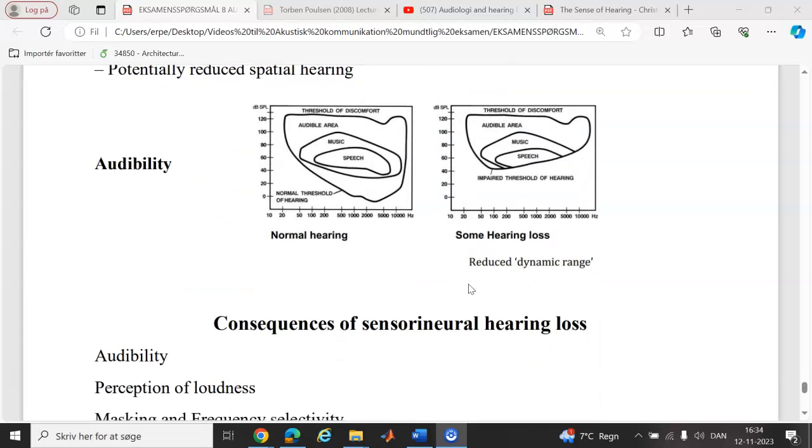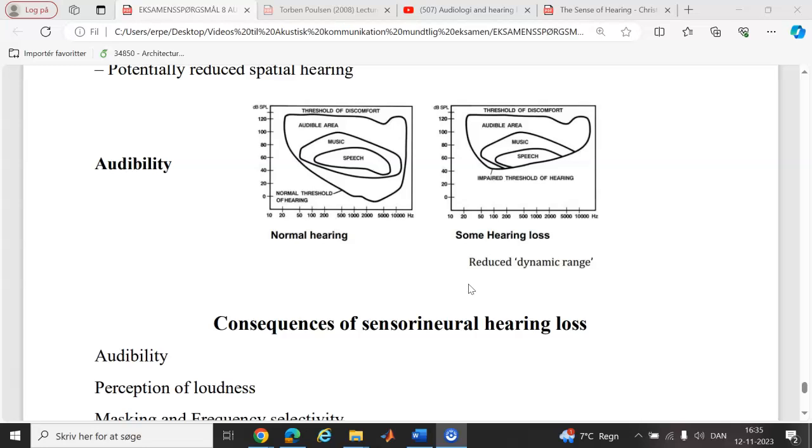Normal hearing, again, we have the normal hearing threshold and speech in between music, the audible area, and the threshold of discomfort. And for hearing loss, this impaired threshold curve is increased, but the threshold of discomfort is the same.